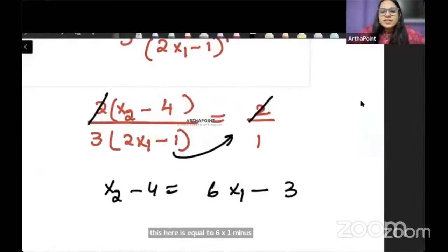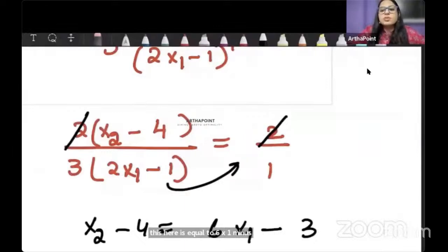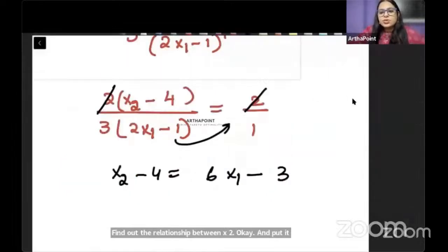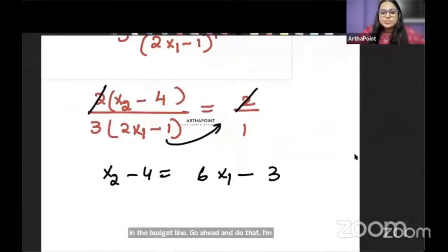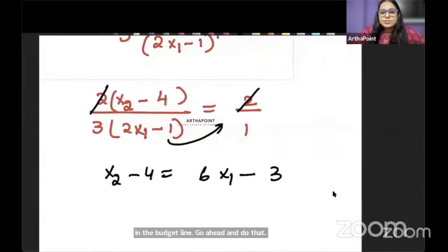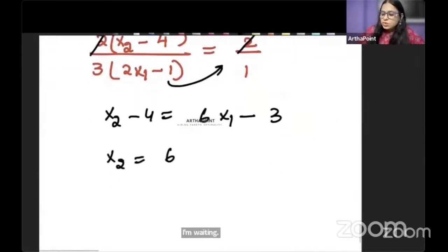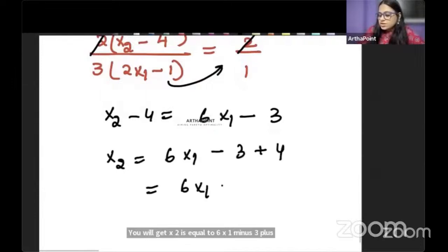That's it. Find out the relationship between x2 and x1 and put it in the budget. Go ahead and do that. I'm waiting. You will get x2 is equal to 6x1 minus 3 plus 4, which is 6x1 plus 1.